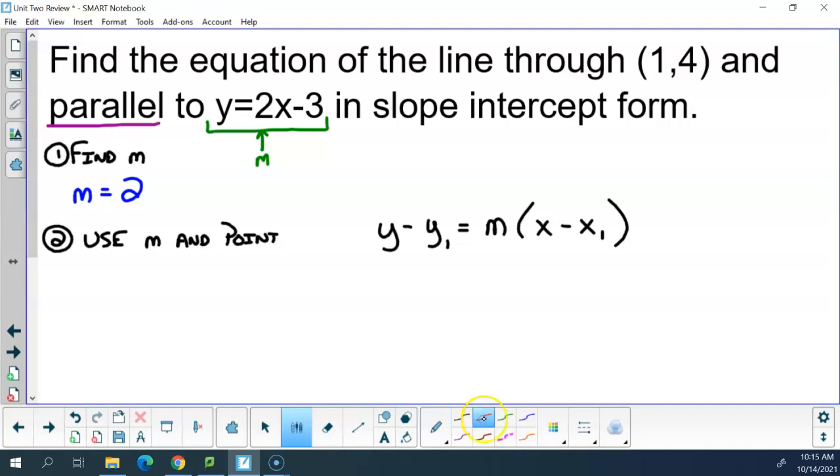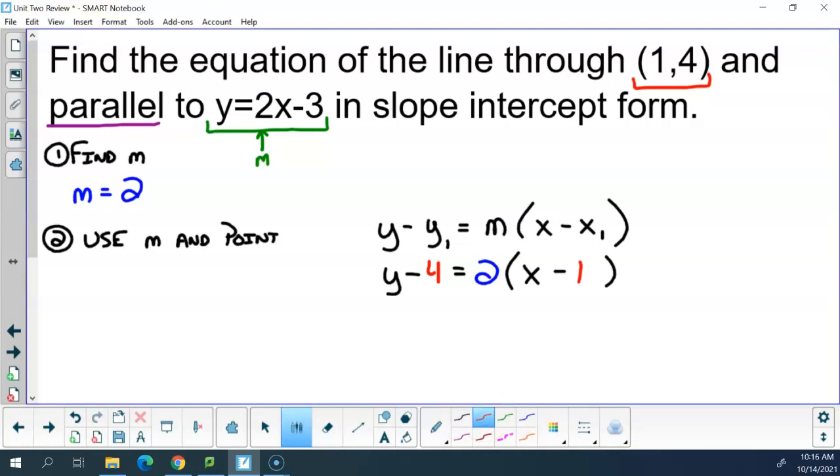So we utilize our point here and our slope, and that becomes y - 4 = 2(x - 1).